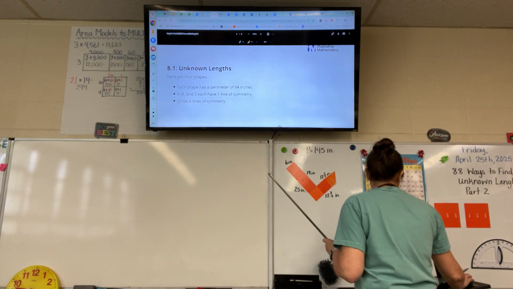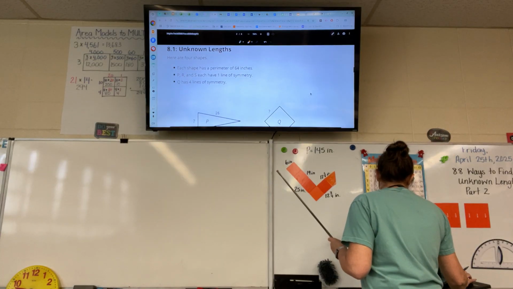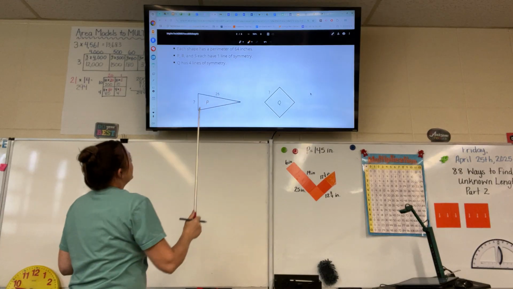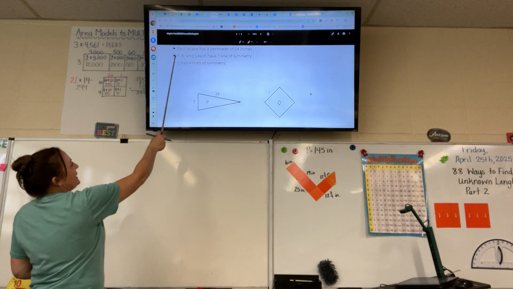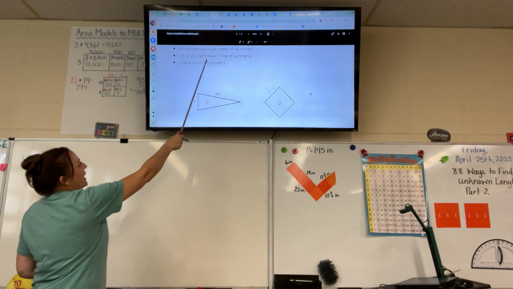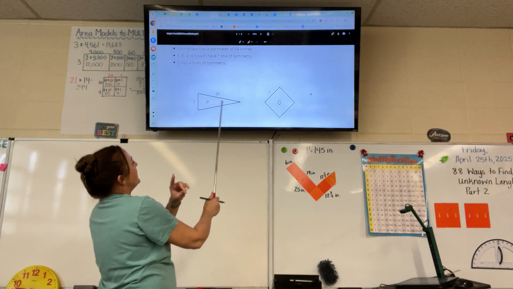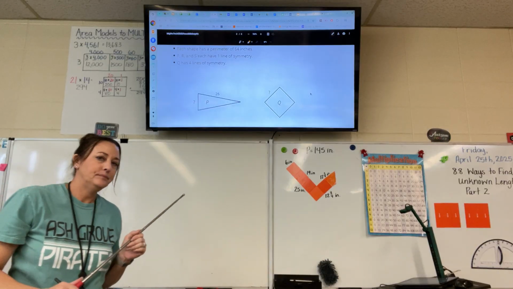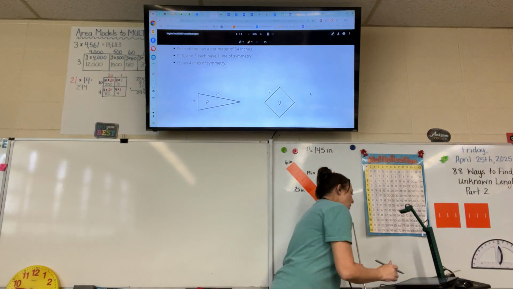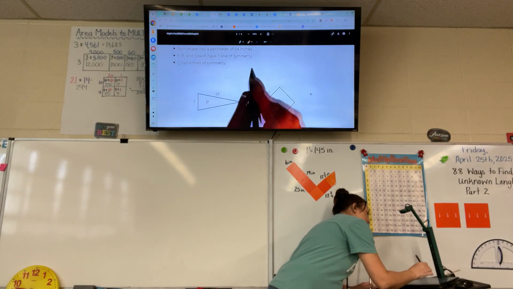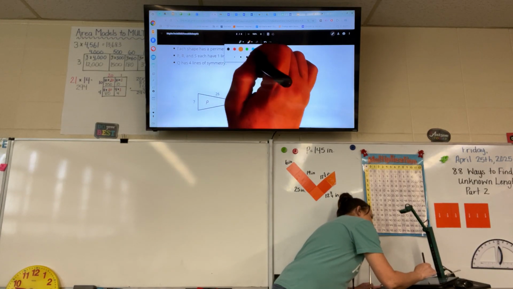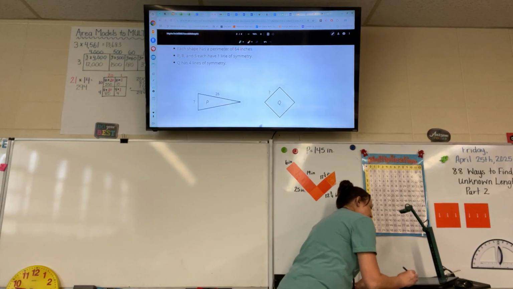Here are 4 shapes. Each shape has a perimeter of 64 inches. P, R, and S each have 1 line of symmetry, and Q has 4 lines of symmetry. Okay, so right here, it tells us that P, R, and S each have 1 line of symmetry.